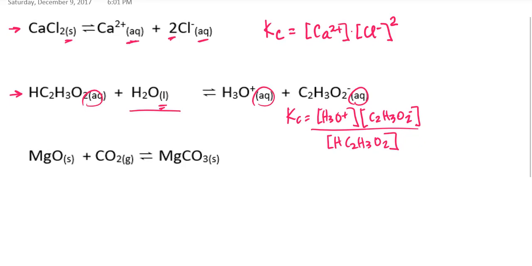And one more example. Here I have magnesium oxide in its solid form reacting with carbon dioxide to give me magnesium carbonate. And so here, if you notice, the magnesium carbonate is in its solid state, and so is the magnesium oxide.